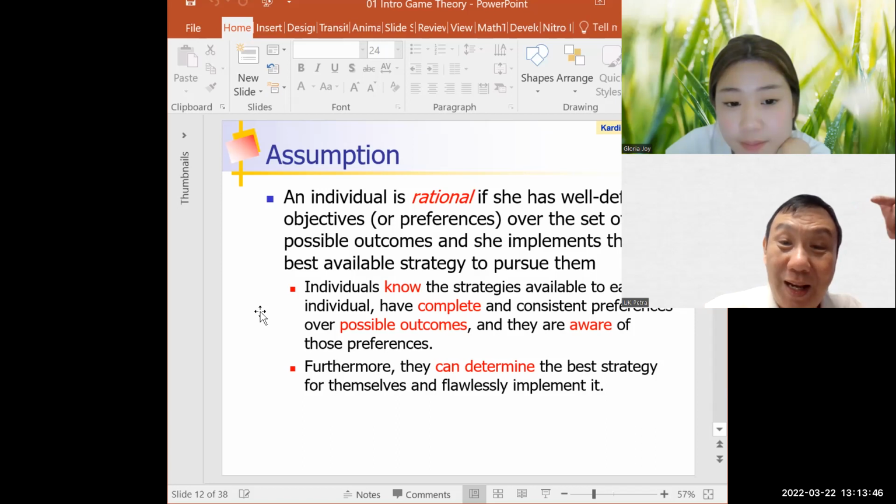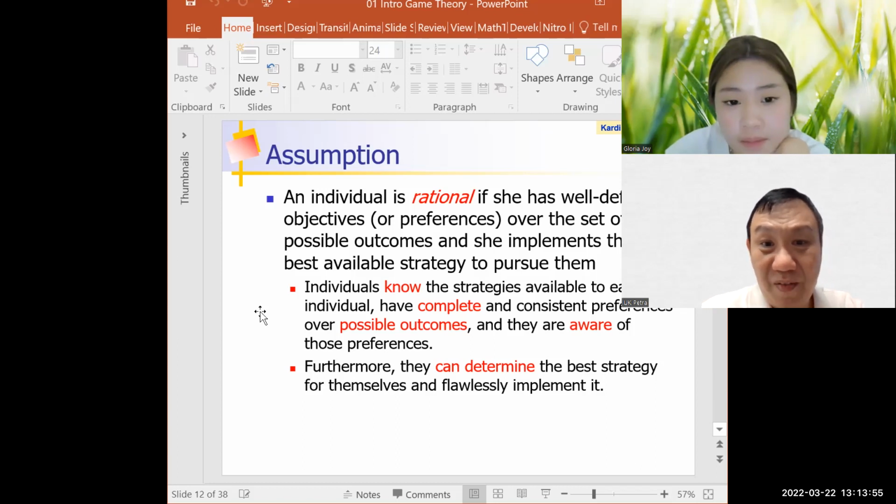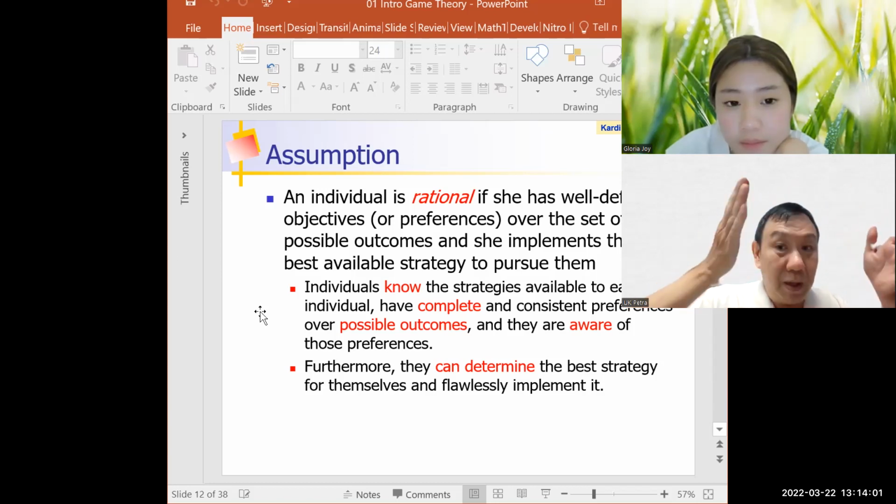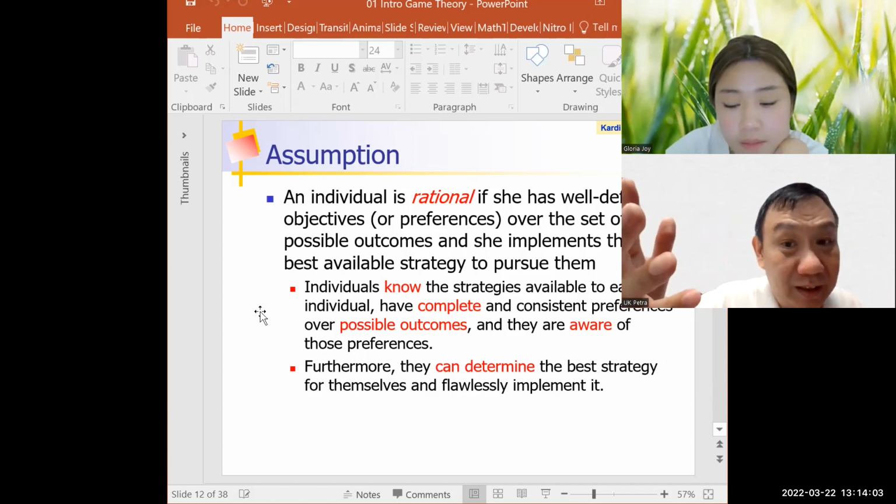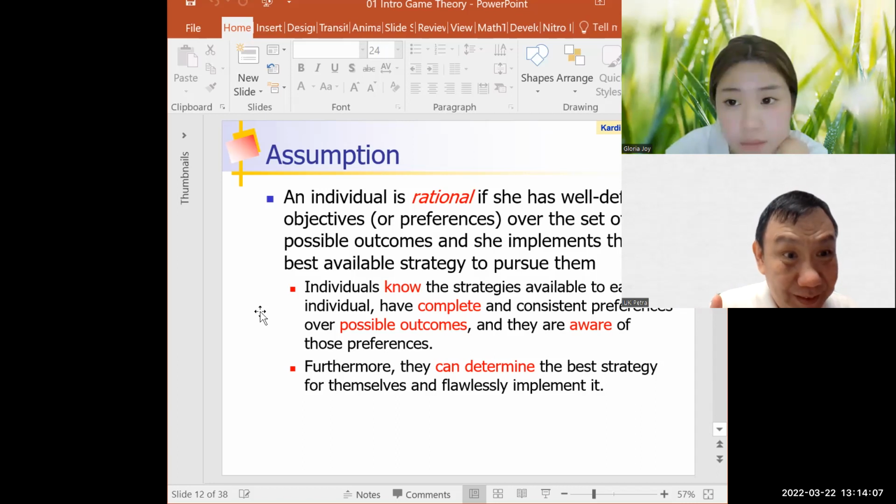Okay. So, an individual is rational, okay, if she or he has a well-defined objective or preference, right, over a set of possible outcomes. So you have several alternatives, then you know which one is higher than the others. You already set your own preference, okay?